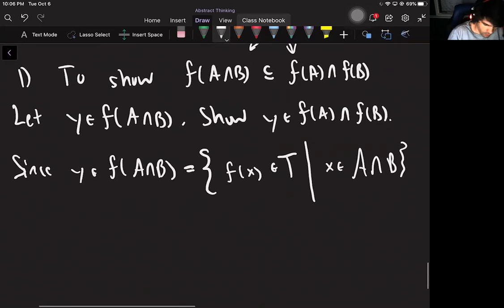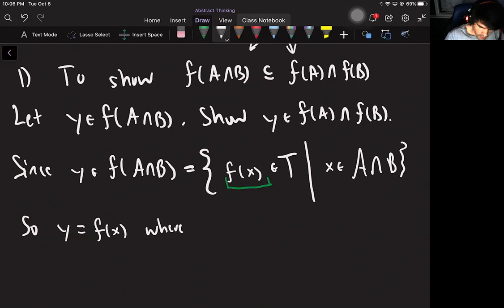So what does it mean for y to be in here? Well, that means y is one of these things. y is a result of plugging in an element of the domain coming from this subset.